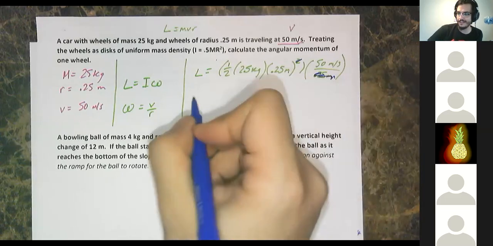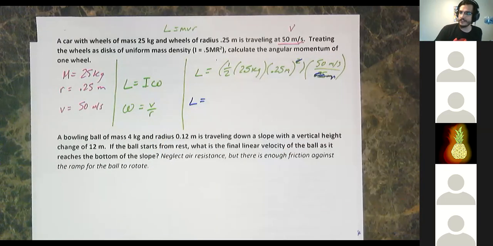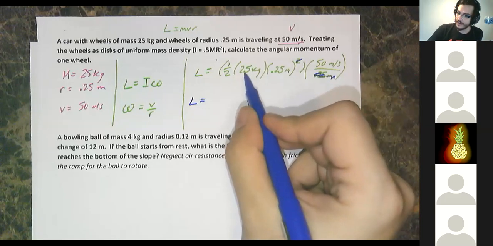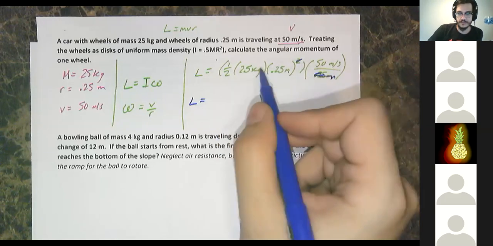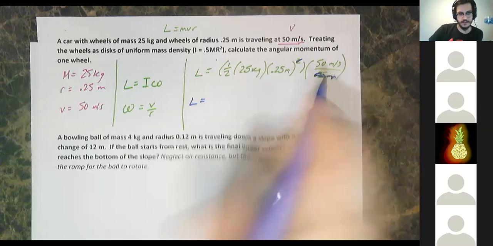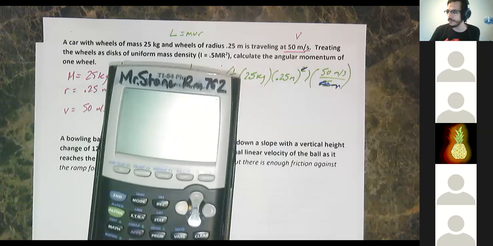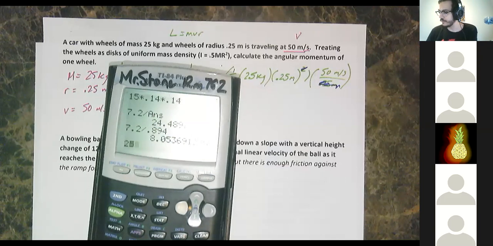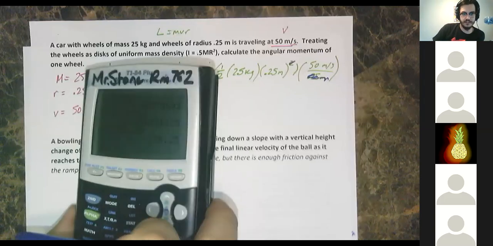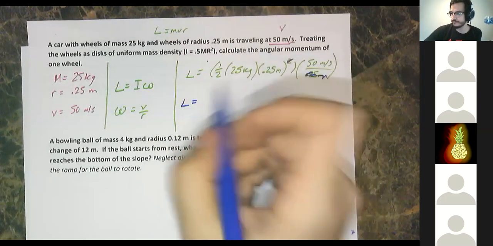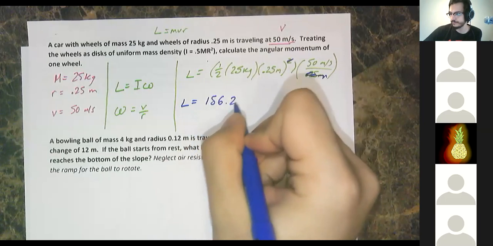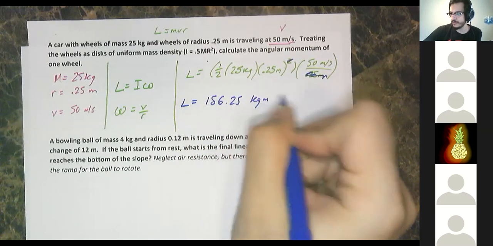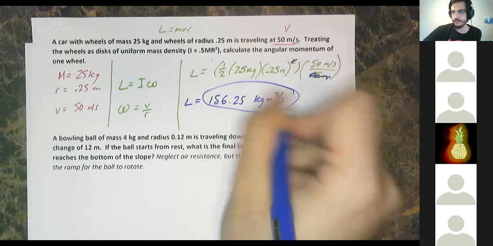Kind of neat. Not that you guys are easily impressed, but it's kind of neat. So we have 25. Half of 50 is 25. So we've got 25 times 25 times 0.25. So 25 times 25 times 0.25 is 156.25 kilogram meters squared per second.